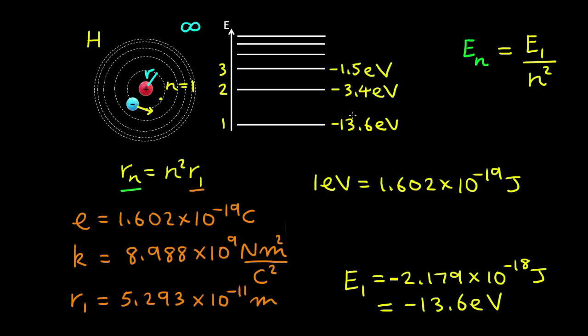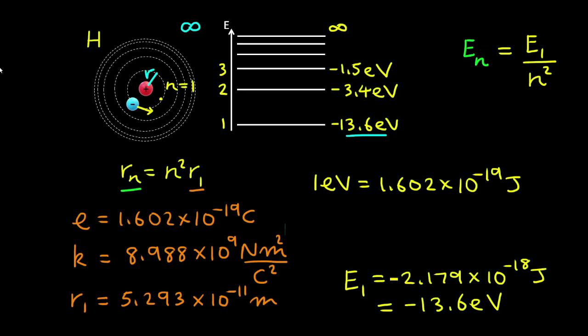So the first orbit has the lowest energy, and the energy increases and approaches 0, where the atom gets ionized and the electron escapes from the atom. So the first ionization energy of hydrogen is well predicted by the Bohr model.